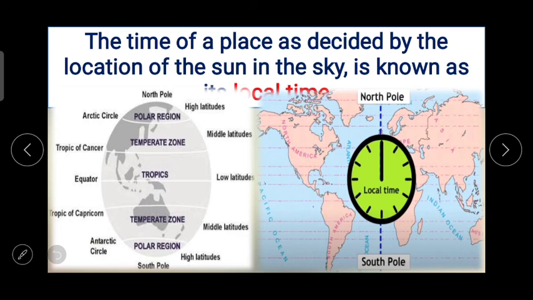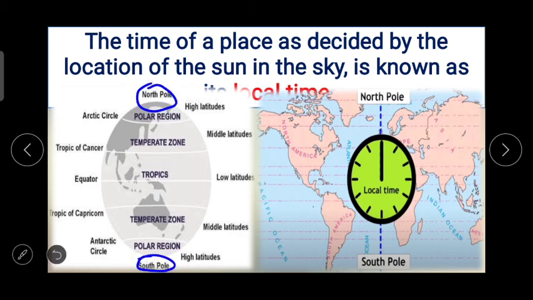As the sun moves towards the horizon in the afternoon, the length of our shadow increases again by evening. So the noon time is the same at any given longitude across the earth. Now we are moving towards our point, local time. The noon time is the same at any given longitude across the earth, that is from the North Pole to the South Pole.